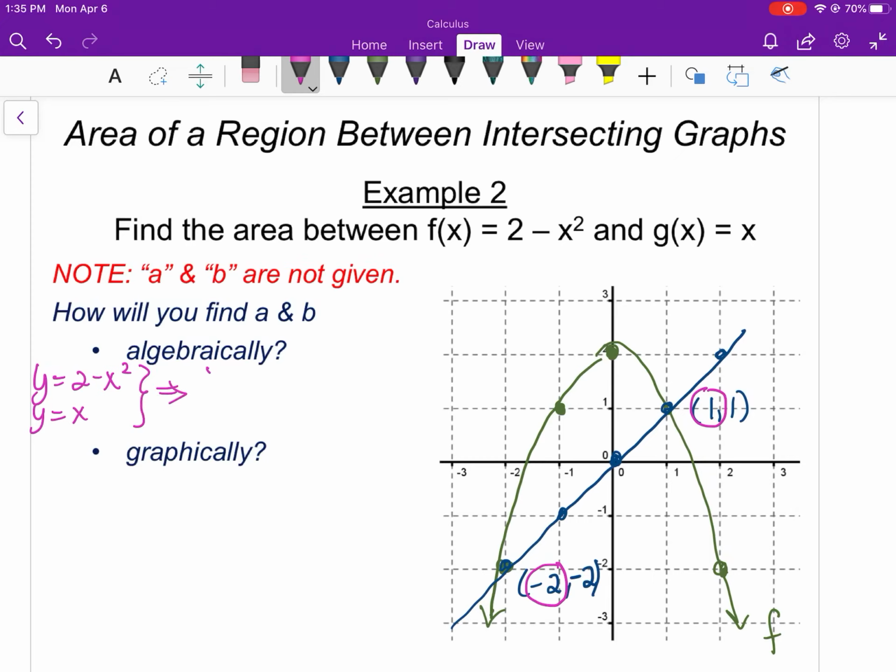So if they both equal y, they equal each other. And I'm doing substitution then with some factoring to get my two values, -2 and 1.